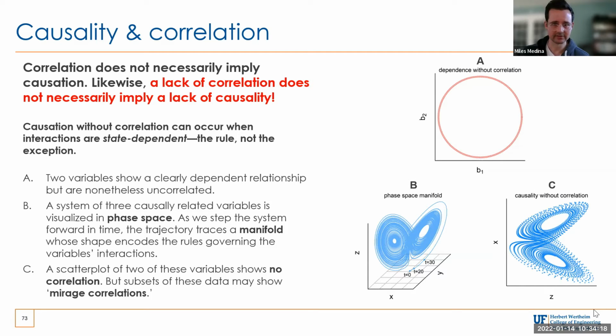So how can this be the case? Well, correlations represent a very simple type of relationship. For instance, a correlation between nutrients and blooms might mean that more nutrients leads to more blooms. But we know that this is a complex system and there's a lot of different processes and interactions going on here. So the interaction between nutrients and blooms might actually be quite complicated and what we call state dependent.